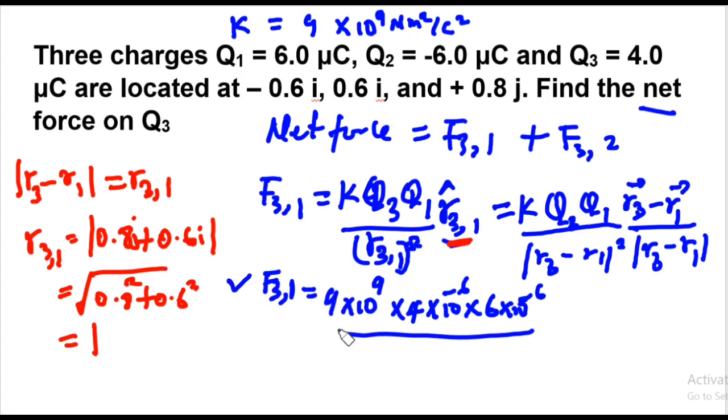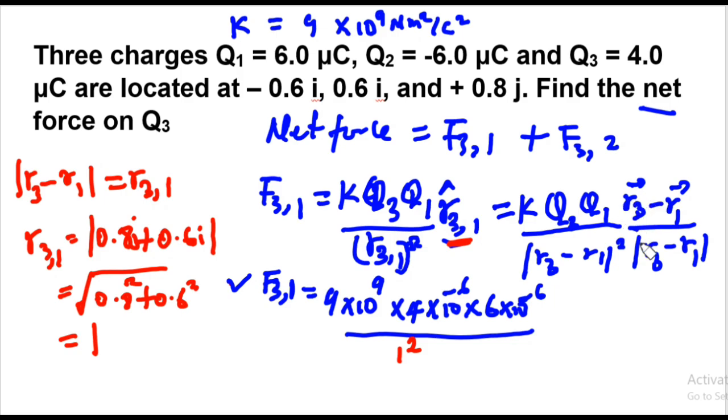Having found the distance between charge Q3 and Q1 as 1, we can say 1 squared.